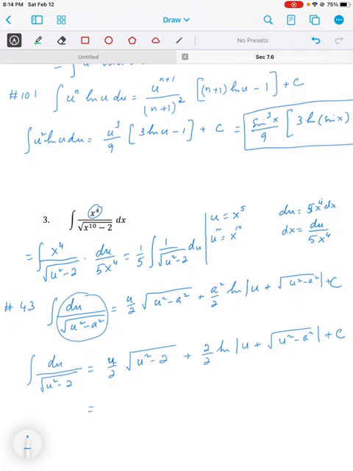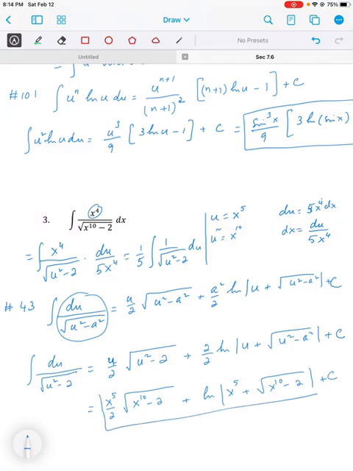We now go back and replace our value for u, which was x to the 5th. So the 2 and 2 get cancelled. So that will be the final answer. So this is how you can apply the formulas from the table.